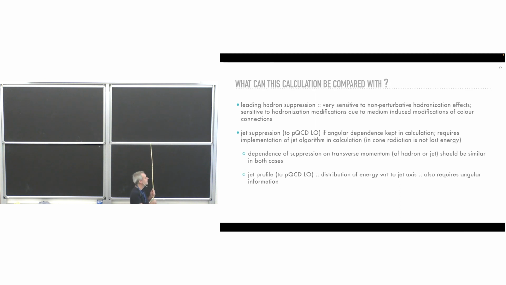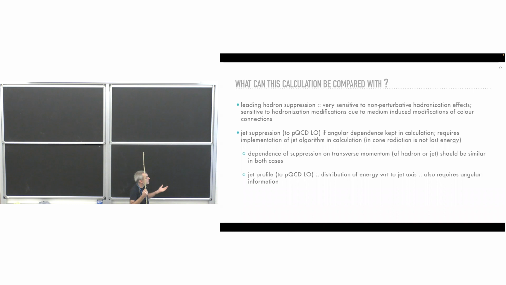One is that we compare this to the suppression of the most energetic hadron in an event. Okay, so the most energetic hadron in an event, remember that the calculation that we did is a partonic calculation. There's no hadrons there. There's a quark that radiates a gluon, and then it's a quark. So the radiated energy of the gluon is the energy lost from the quark.